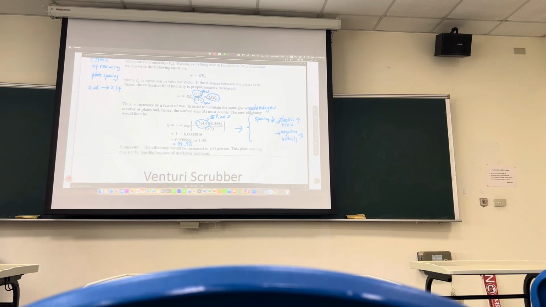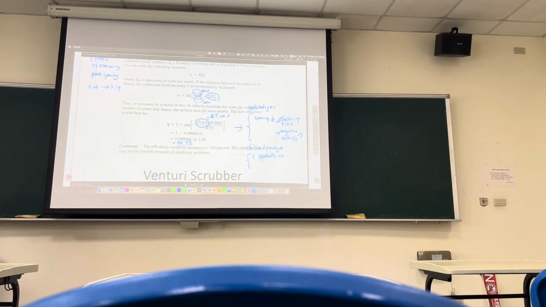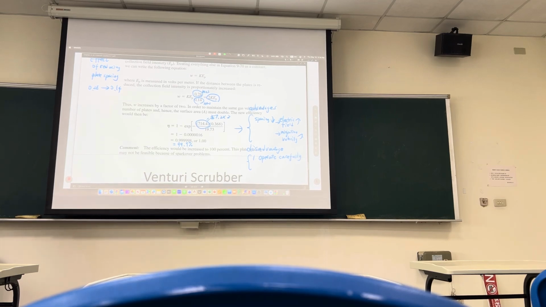But how about the disadvantage? For example, smaller spacing means you must operate carefully because your electric field increases, right? And there is a higher risk of blockage.